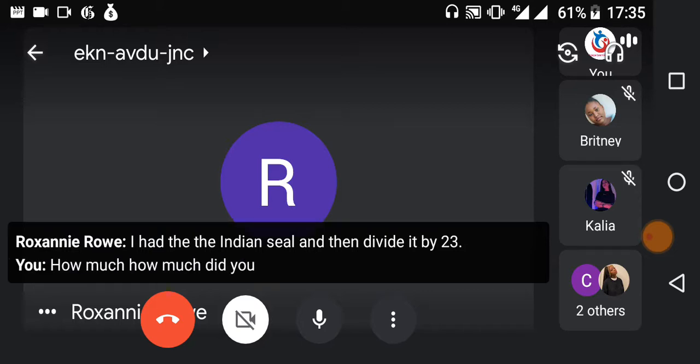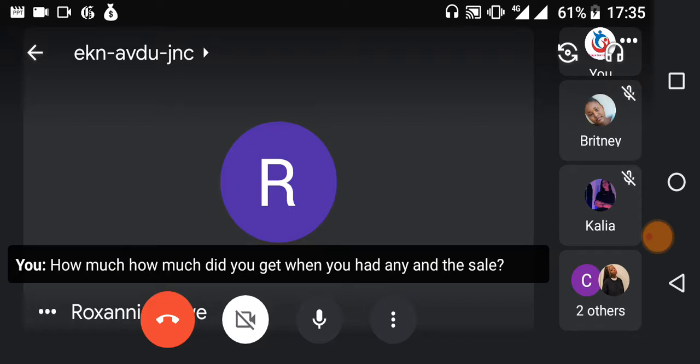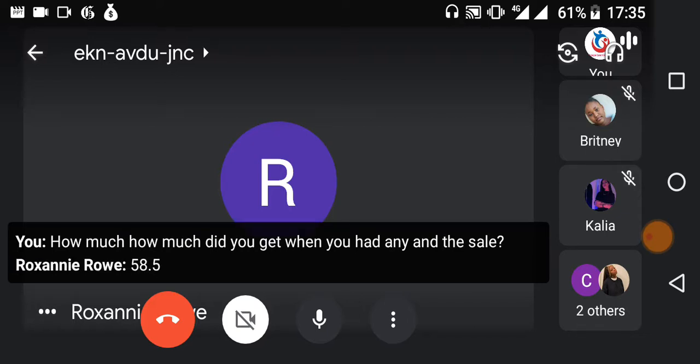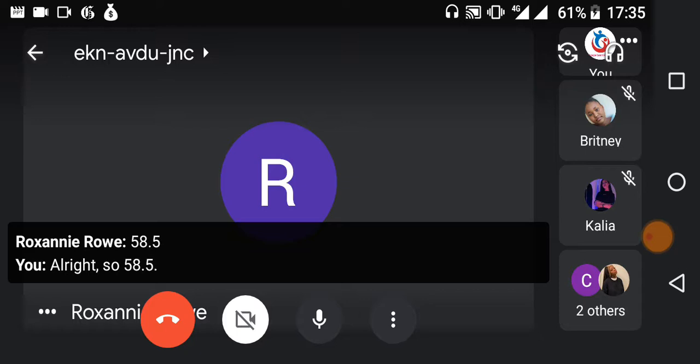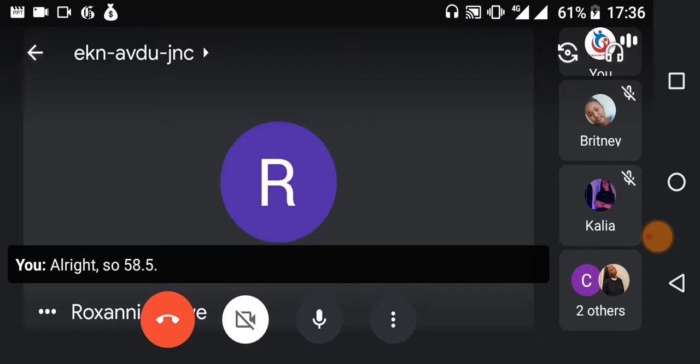Alright, so 58.5 would be the divider, which is the 58.5 that is going to do the dividing.